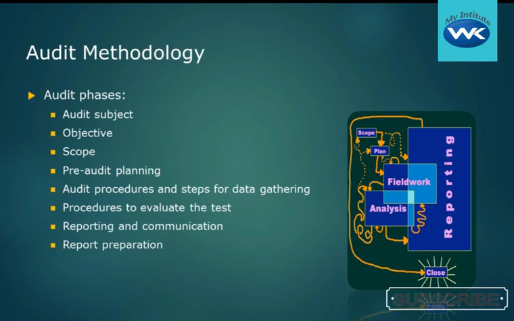We should have some pre-audit planning. That's important because the planning portion could cover when the audit's going to be and what resources we're going to use to perform that audit. All of these things help make sure that we're ready to properly do this audit, which then takes us through the audit procedures and the steps we would use for data gathering. We should have procedures on the different types of tests we're going to use to evaluate that object or subject.